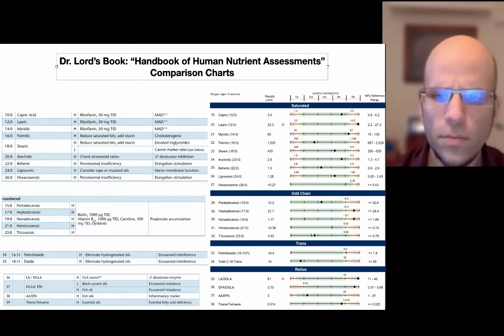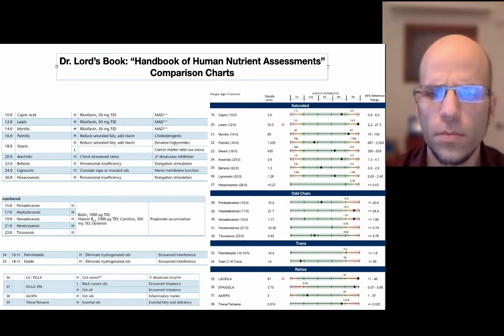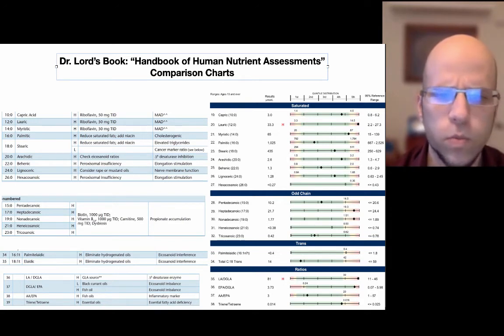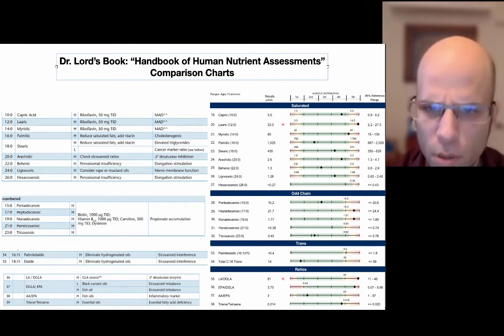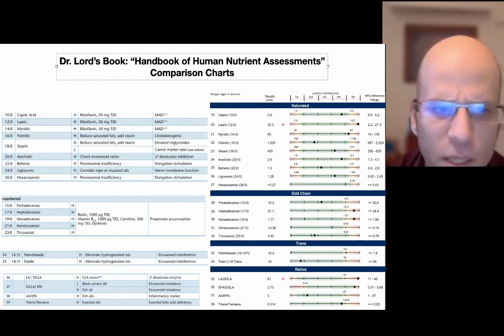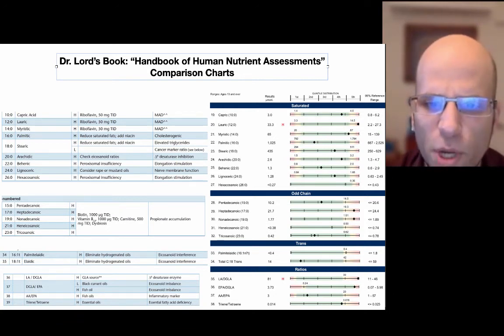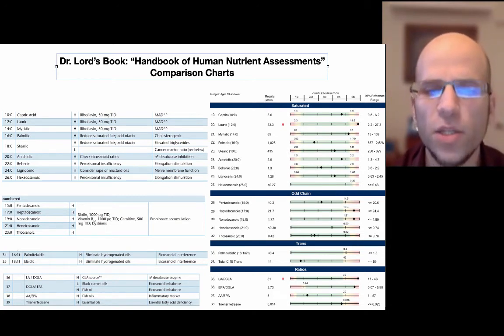No, there's one other random factoid, which is propionate. Propionic. Where are we? Propionic is on the fat analysis. It's not on the fatty acid. It's on the stool test.